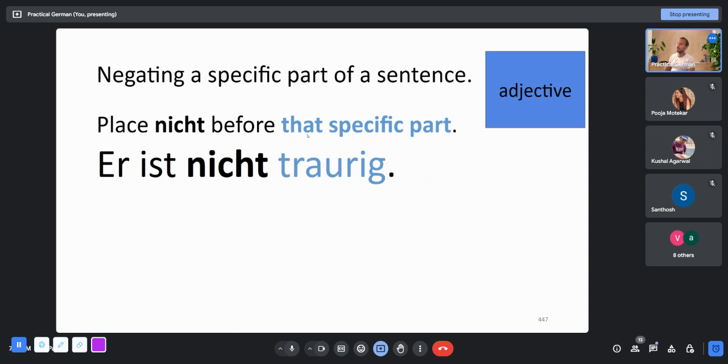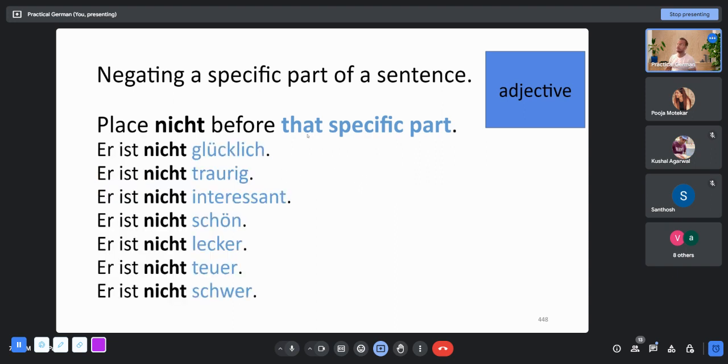Pooja, do you mind reading? The last one, the German sentence. Er ist nicht traurig. So here the specific part is the adjective, and we are placing nicht before that adjective. Do you mind reading the rest of the sentences as well?